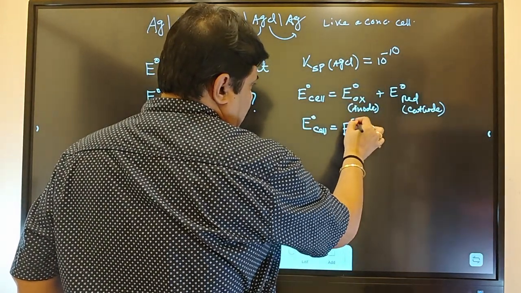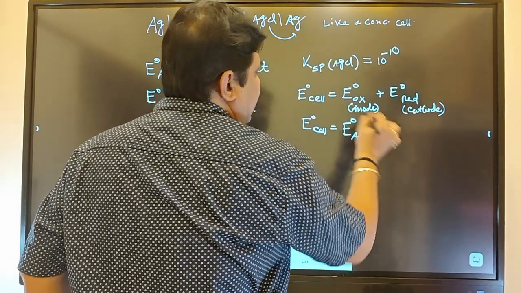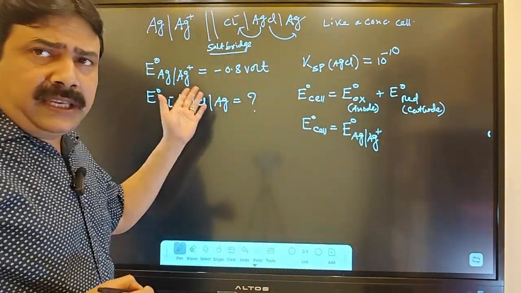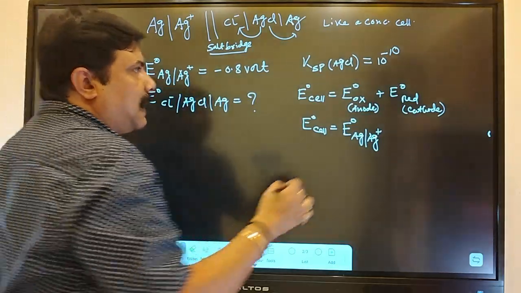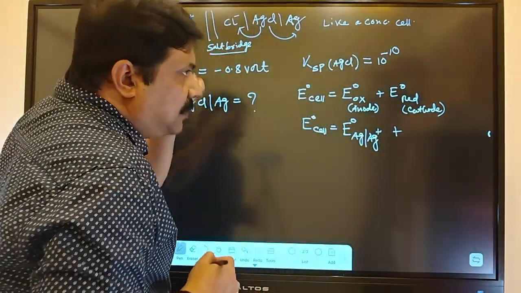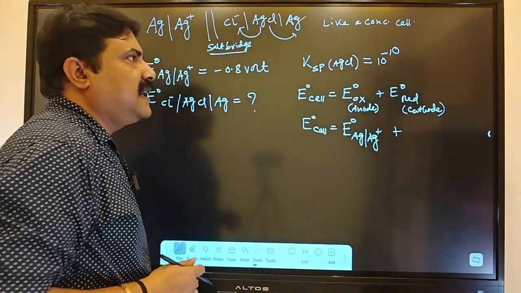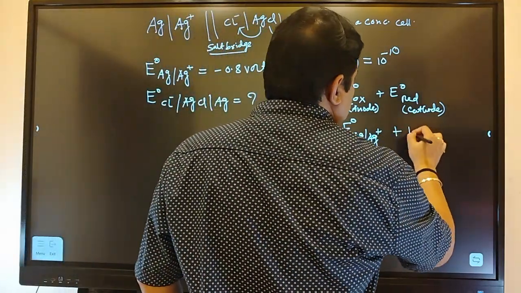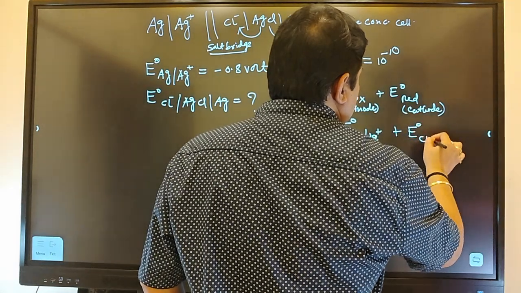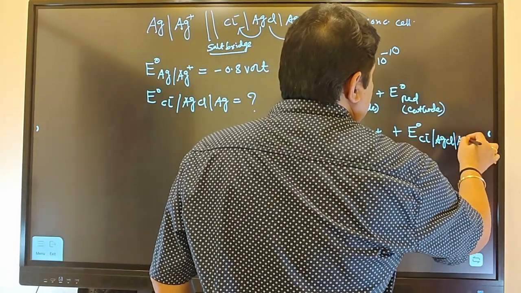Who is undergoing oxidation? Ag is converting to Ag plus, acting as the anode. I explained all those points in the previous slide. Plus E naught reduction, with the sparingly soluble salt and Ag acting as the cathode, so E naught of Cl minus, AgCl and Ag.